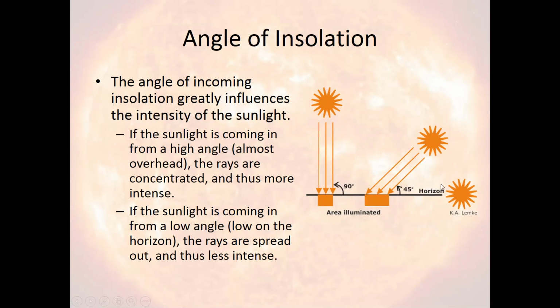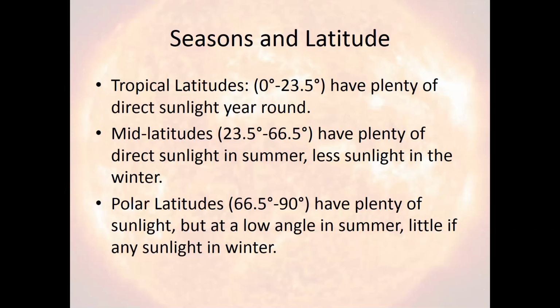The last thing I'll talk about is how seasons are influenced by latitude. If you live near the equator in what are called the tropical latitudes, this is 0 to 23.5 degrees, you are in a region that has the sun almost completely overhead. The angle of incoming sunlight, the angle of insolation, isn't going to change much throughout the year.